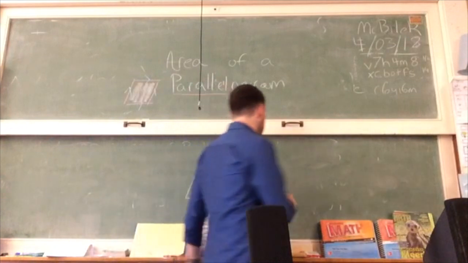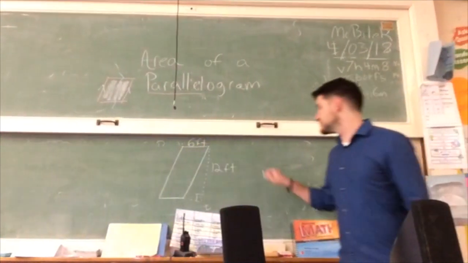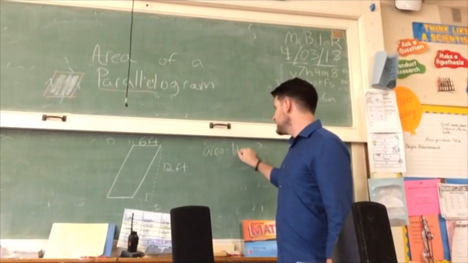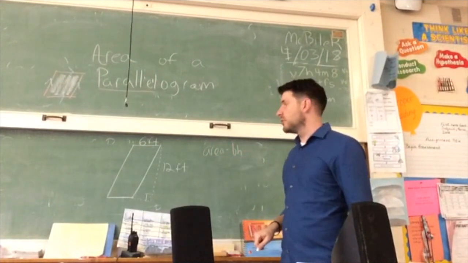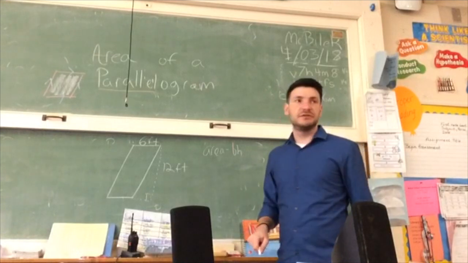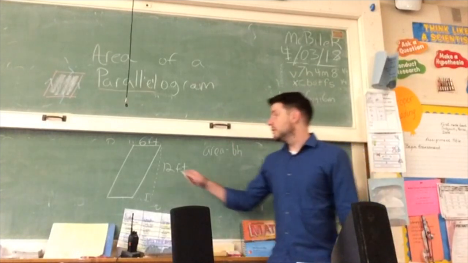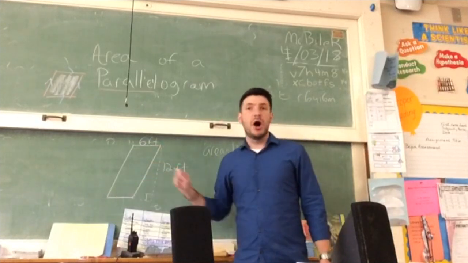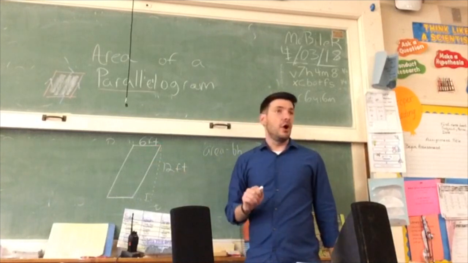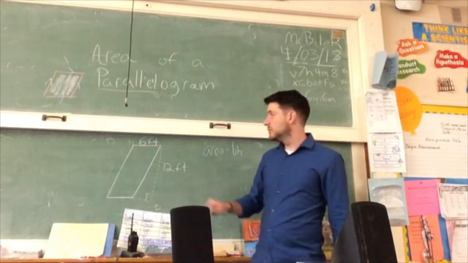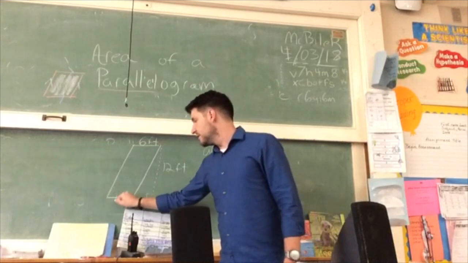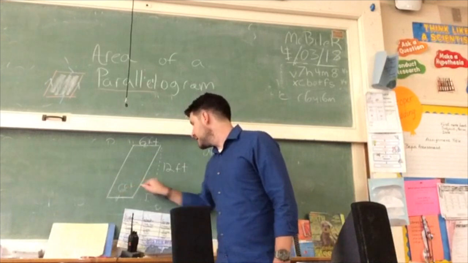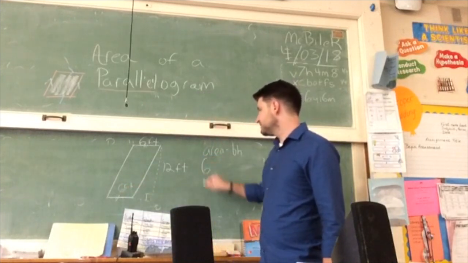On your own right now, remember that our formula, write down our formula first. The formula for area is base times height. Remember that this is also 6 because these are both parallel and also both equal. So if this is 6, this is also going to be 6 feet as well, which means we have a base of 6.